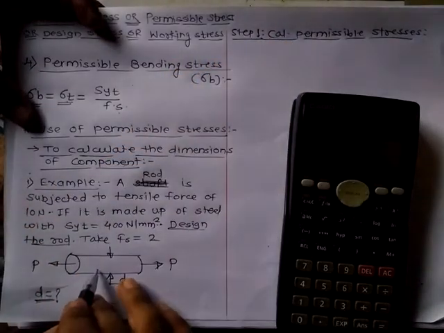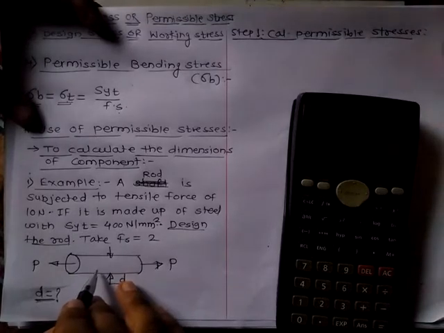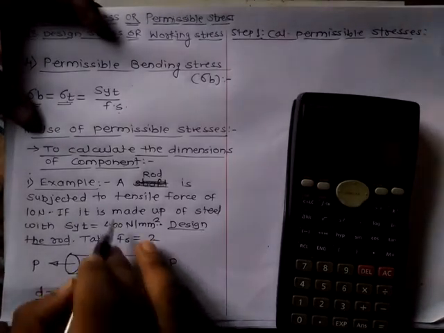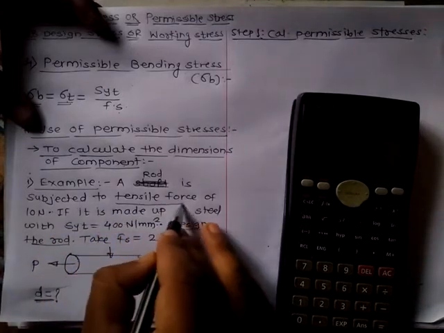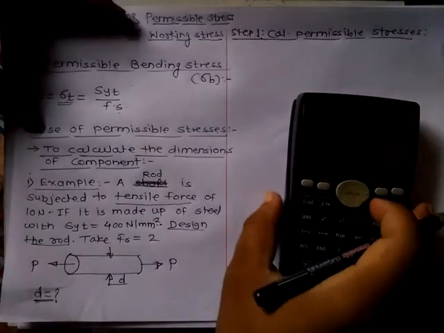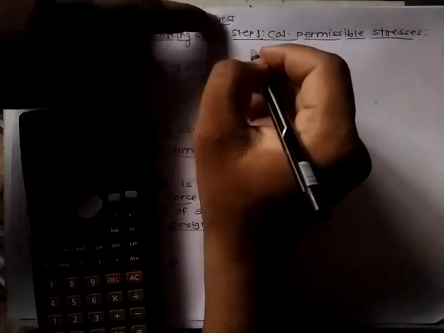It depends on the component, on what type of stress is going to be induced in it. Here the component is a rod, and it is subjected to tensile force. So tensile stress will develop, and hence we have to consider the permissible tensile stress.